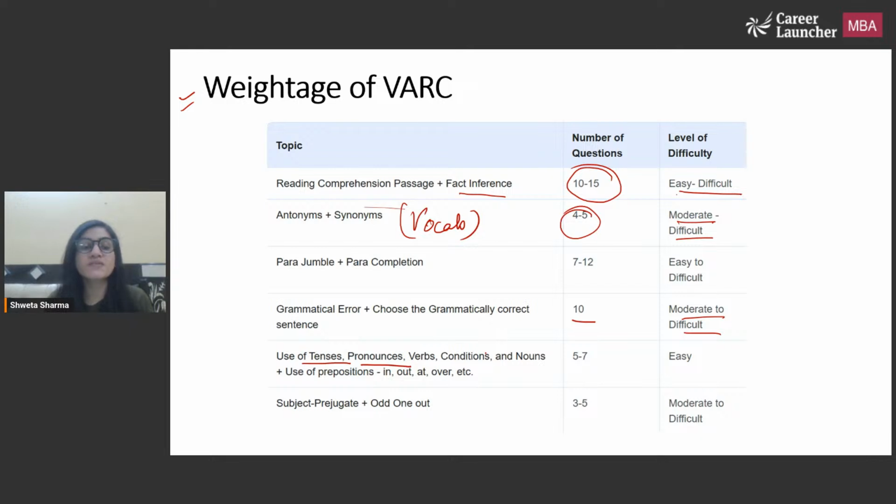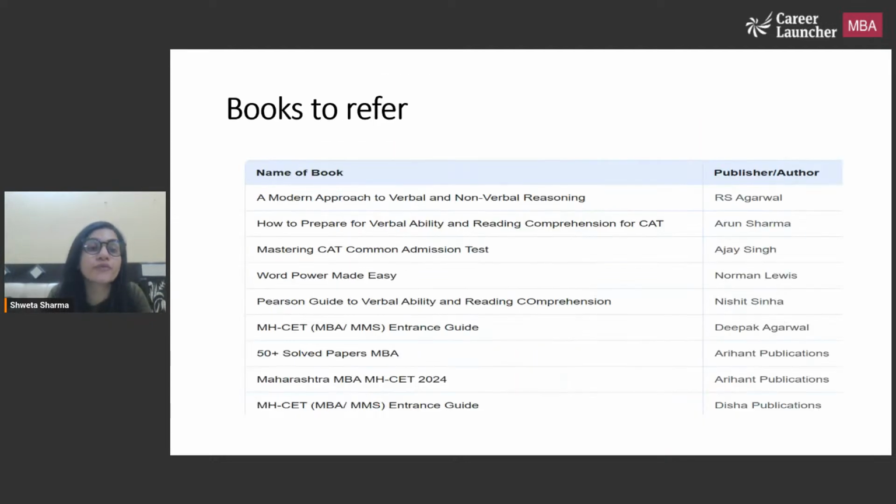Then you have pronouns and verbs, conditionals, nouns, use of prepositions, and we do have some part of odd one out, again 3 to 5 questions, moderate to difficult.